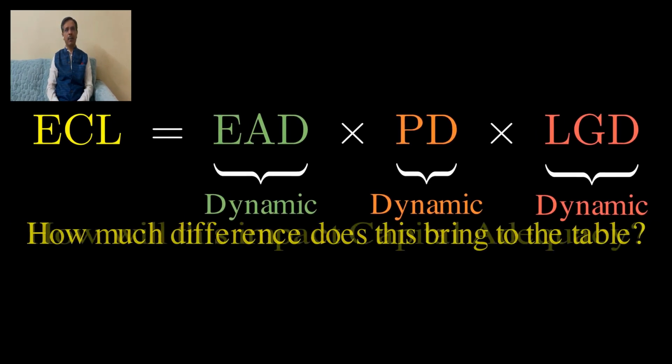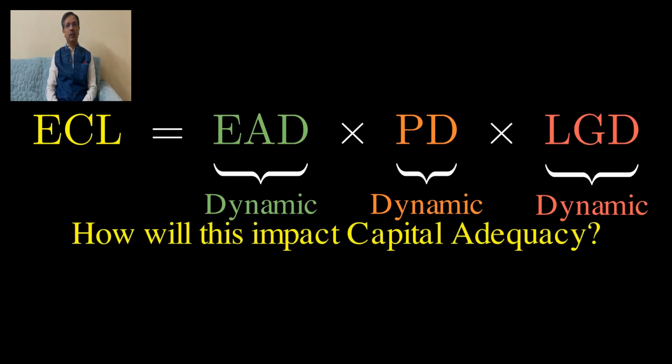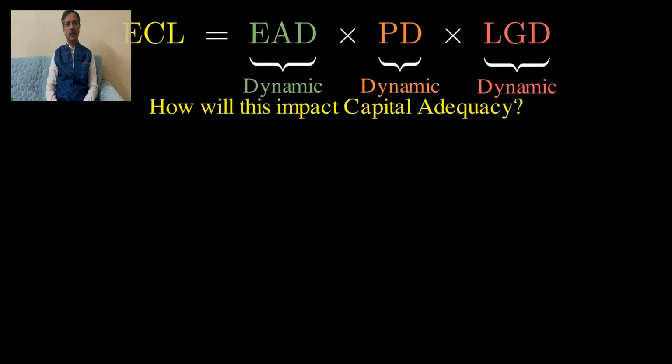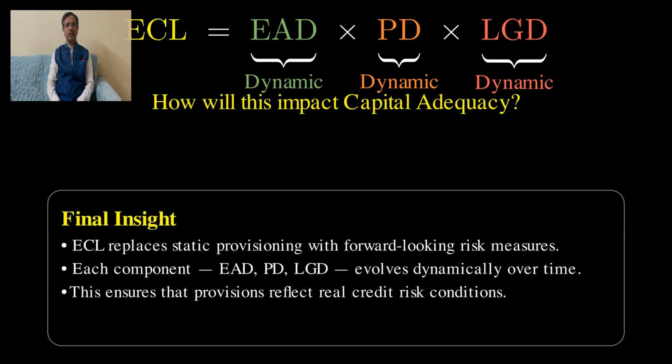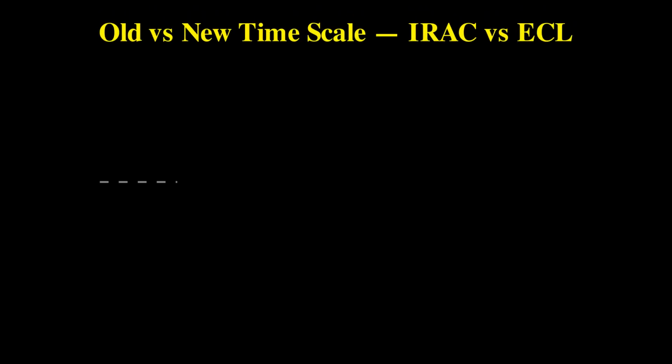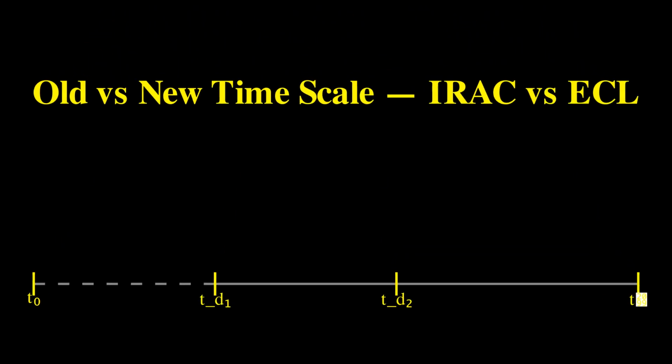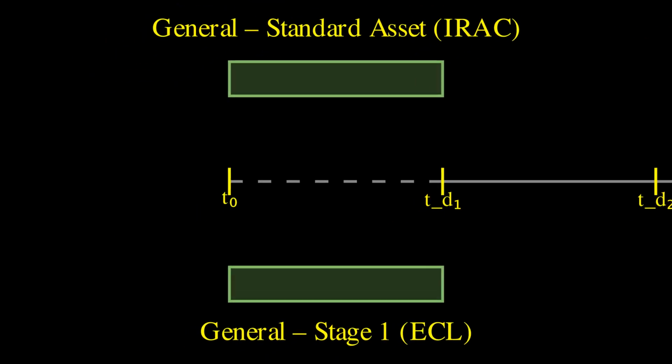To sum up, ECL replaces static provisioning with forward-looking risk measures, wherein each component evolves dynamically over time. The transition from traditional IRAC framework to the expected credit loss model marks a major evolution in prudential provisioning.